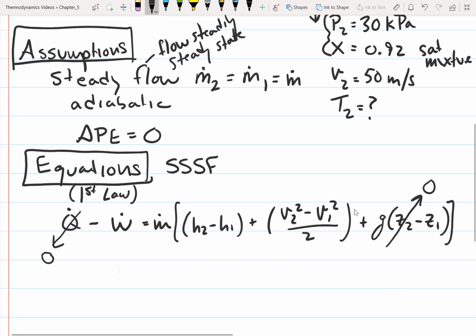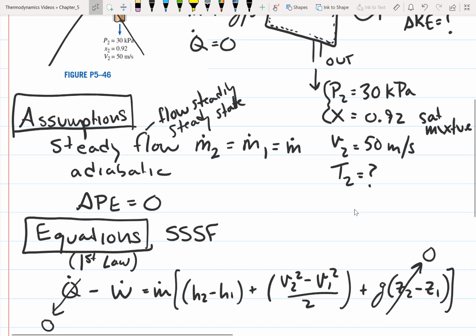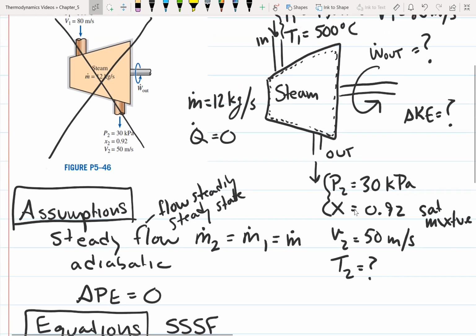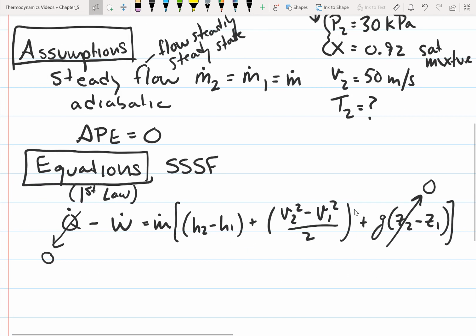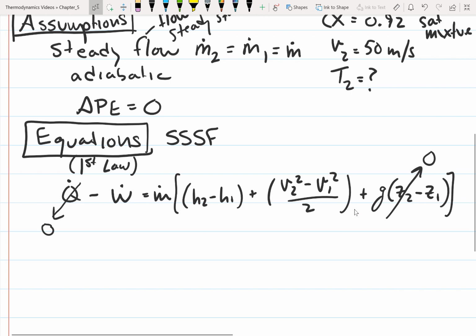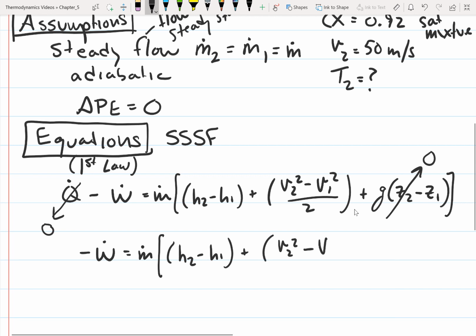Q is zero in this case, and it's giving us some velocities, so we need to keep our kinetic energy term as well. So then we have the work is equal to m dot (H2 minus H1 plus V2 squared minus V1 squared over 2).